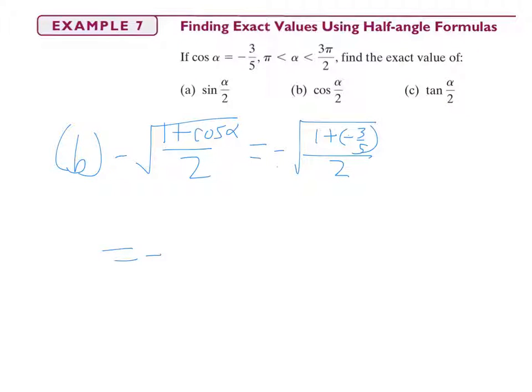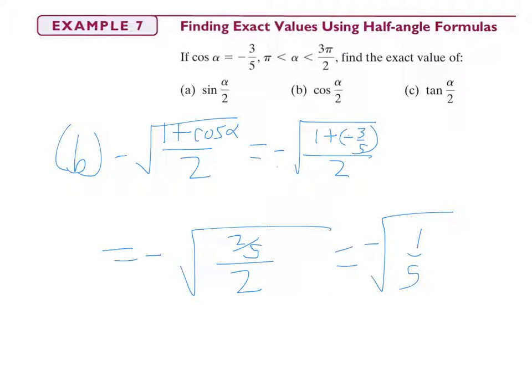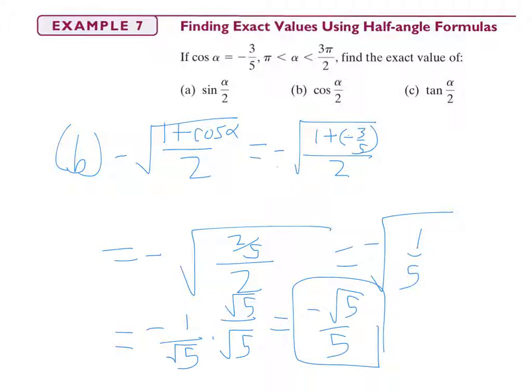So that would be 1 plus negative 3/5, which is 2/5, all over 2. And 2/5 divided by 2 would just be 1/5, because 1/2 of 2/5 is 1/5. So you can take the square root of the top and the bottom separately. Square root of 1 is 1, so negative 1 over square root of 5. Multiply the top and bottom by square root of 5, and that's negative square root of 5 over 5 for part B.